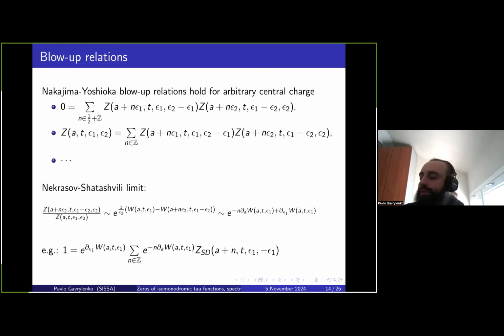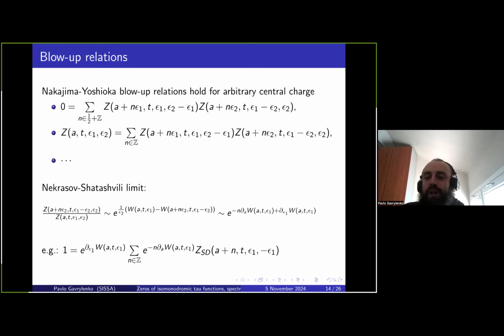Such epsilons follow from geometry. Basically, these equations are called block relations because they appear when people try to compute the partition function of the gauge theory on blown up C2 in two different ways.